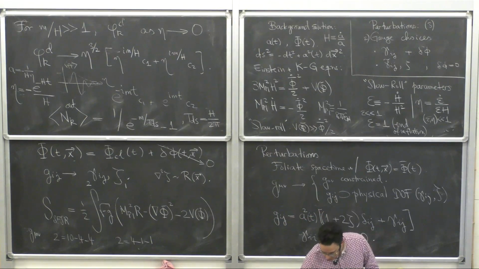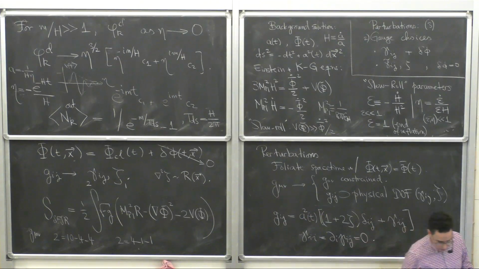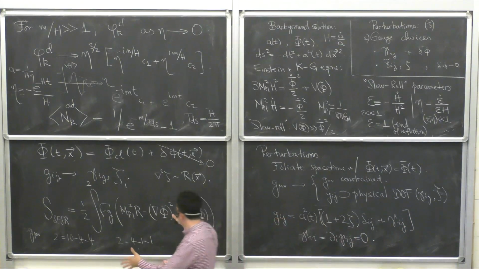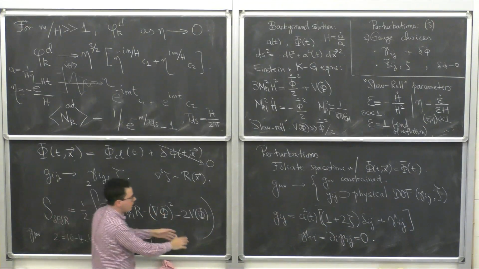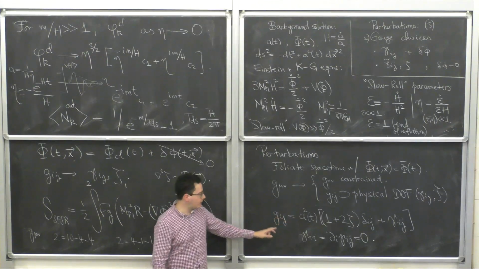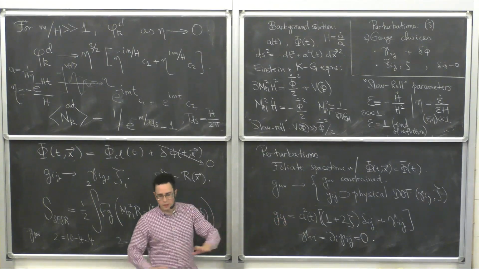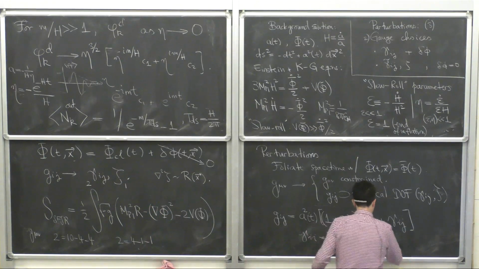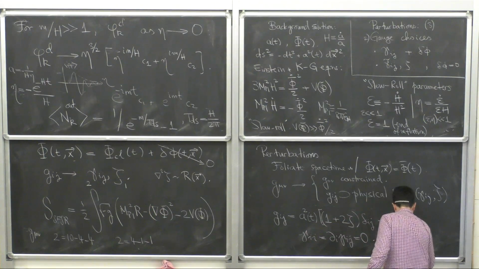So how are you supposed to do this? I'm sweeping things under the rug because it takes work to do it properly. You take this action, and I need to tell you how to write the full metric of the space-time. There's a nice way of doing that. It's called the ADM formalism, Arnowitt, Deser, Misner.